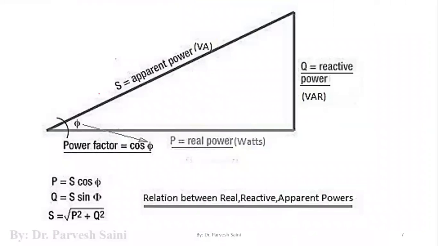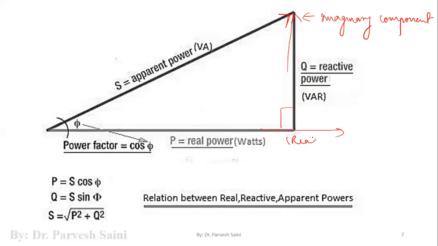This is what we call the power triangle. Here you can see this is the resultant. Basically the same thing which we saw previously has been shown here just to make you understand. This is the vertical axis, so it is your imaginary component, and this is your x-axis, so it is the real component.